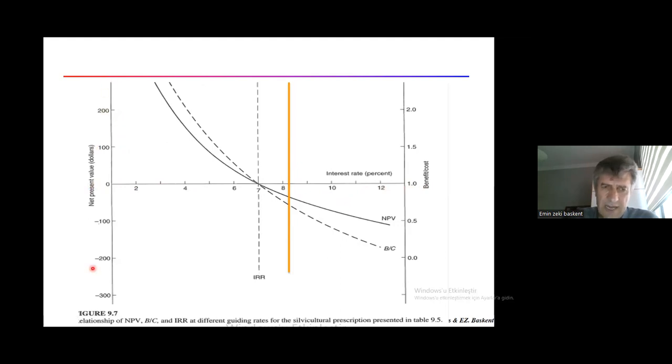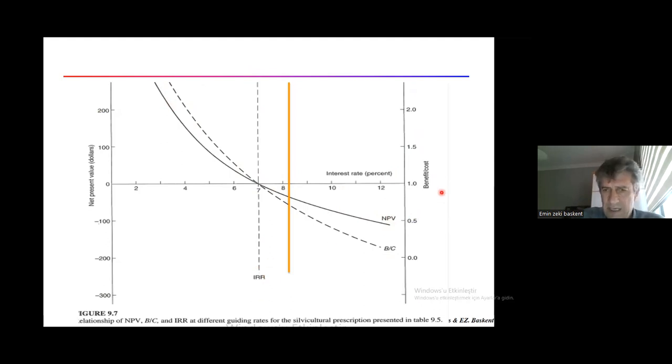The y-axis on the left-hand side shows the net present value, starting from -1 to +1. The y-axis on the right-hand side shows the benefit cost ratio. And the two graphs are the flow of the net present value and benefit cost ratio. The dashed straight line shows the internal rate of return.